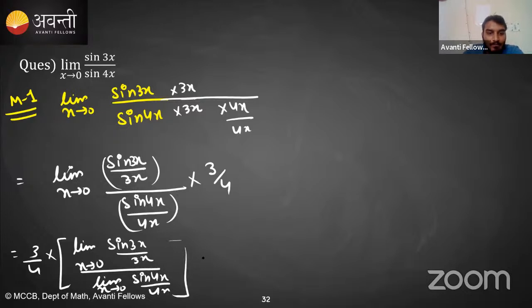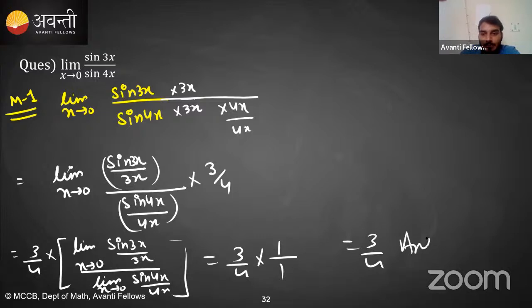See, 3x is tending towards 0. Sine of the element upon the element, and the element is tending towards 0, so it will give you 1, and the same here, 1. So the limit is 3 by 4. That is your answer.